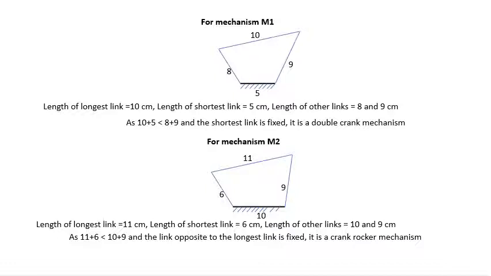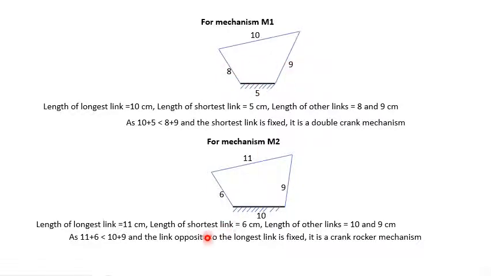So if you consider the first mechanism M1, the length of the largest link is 10 centimeter. See, this is the shortest link. Sorry, the shortest link is 5. So the length of the shortest link is 5 centimeter. The lengths of the other links are 8 and 9.